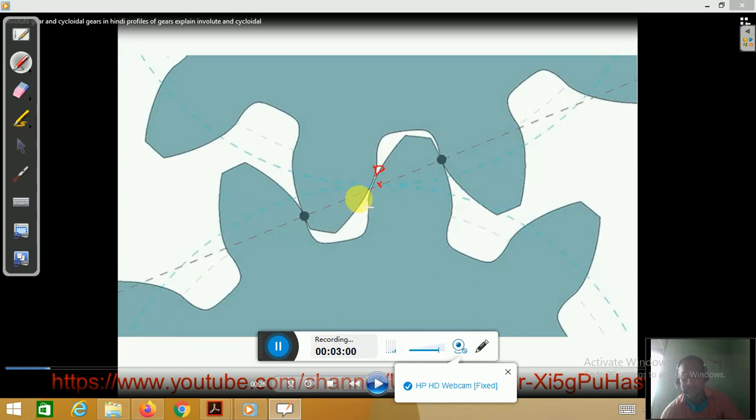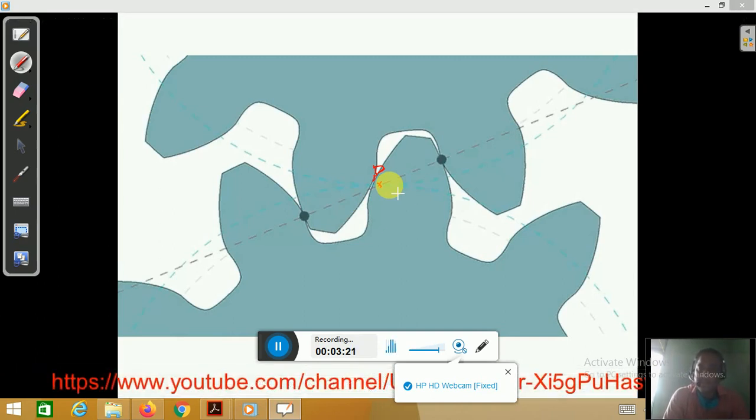So this is your pitch point P. You can also observe that this slant line, or line of contact, is passing through the same pitch point. The pitch point is basically the point of contact between two pitch circles. This line of contact also passes through the pitch point, as we have already seen in the law of gearing.